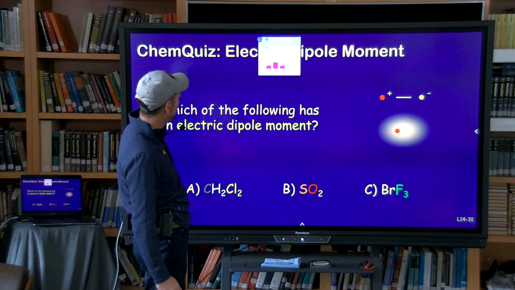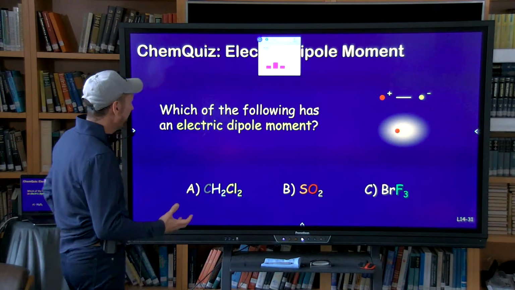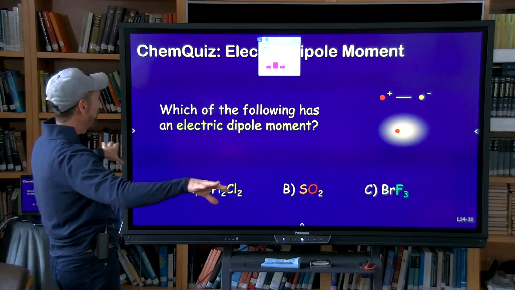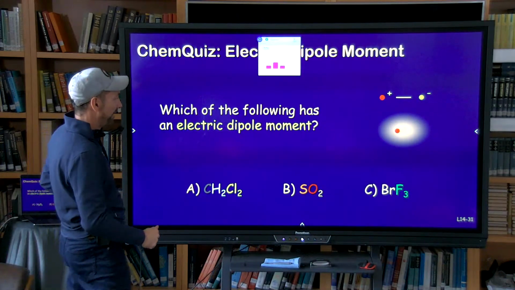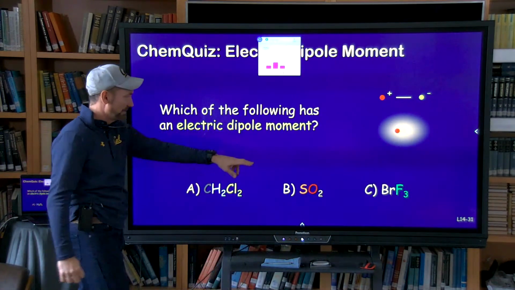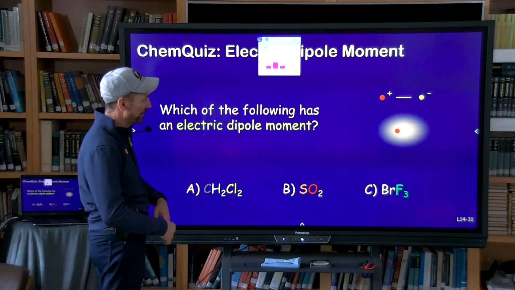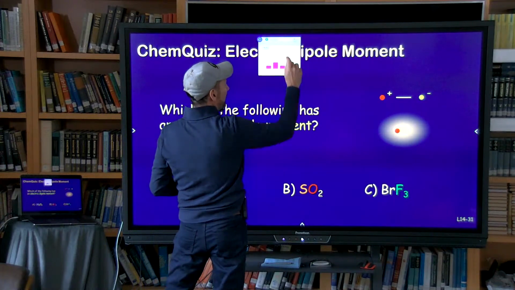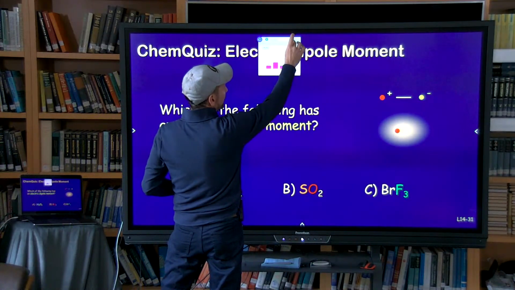B is more popular. Just looking at it, SO2 sounds linear to me. It sounds like it would not have a dipole moment. And that looks trigonal planar. That doesn't either. But of course, you have to count up electrons and you have to be careful. That's the point of this one, of course. So let's look at it together.